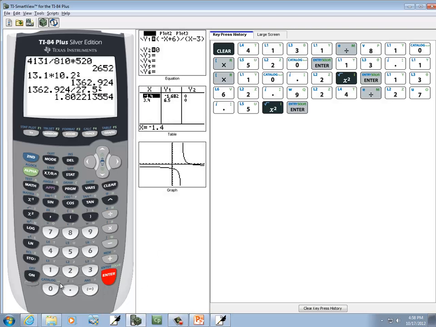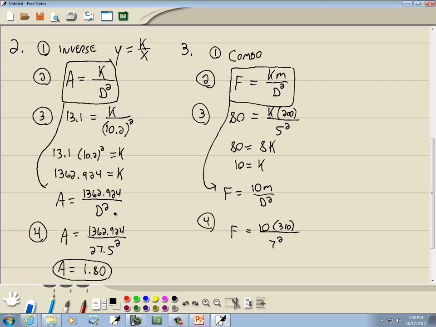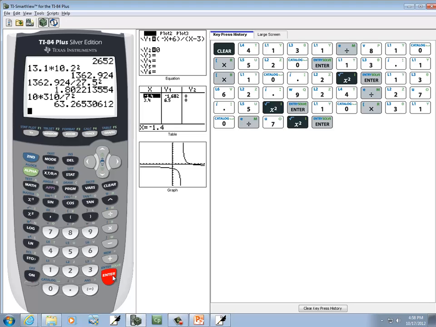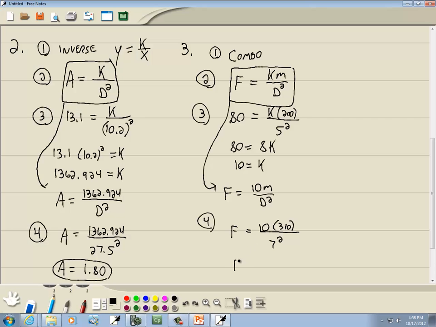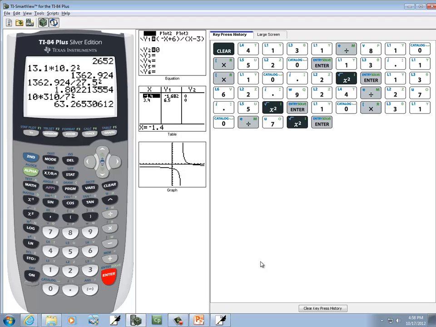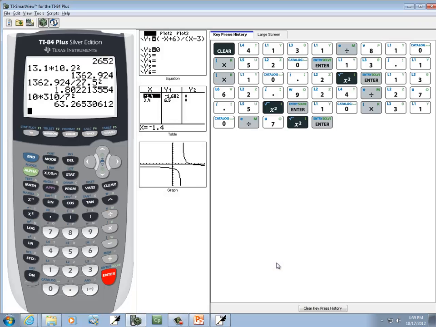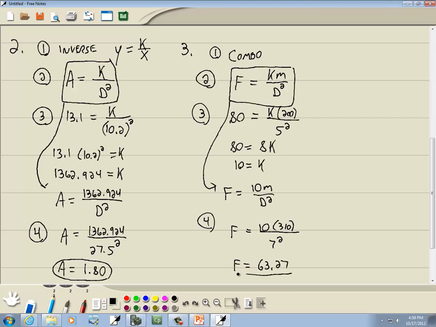So what do we got? 10 times 310 divided by 7 squared. Enter. And I'll take it 2 decimal places, I guess. F is equal to 63.27. And that's our answer.